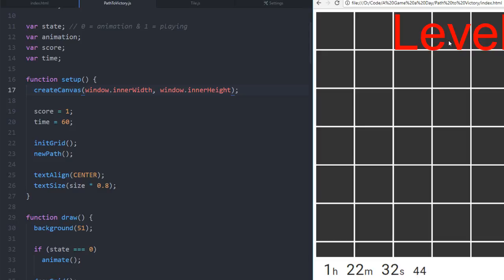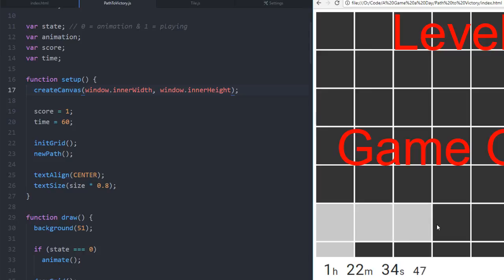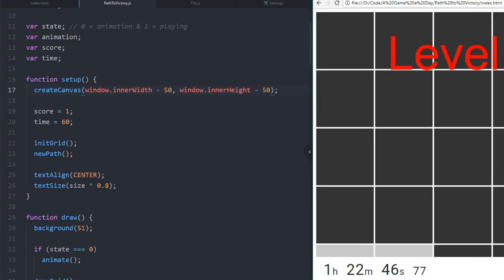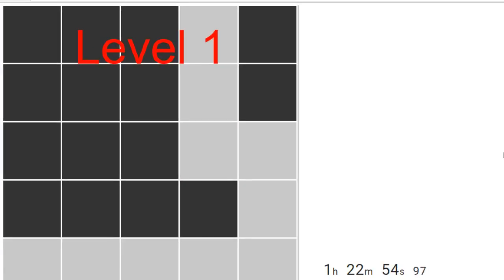I lost it. Yeah, okay. I tried. I'm not as good at this. Okay, let's just say like -50, just in case. I just want some padding on it so that we don't get the funky. Here, let's try this.